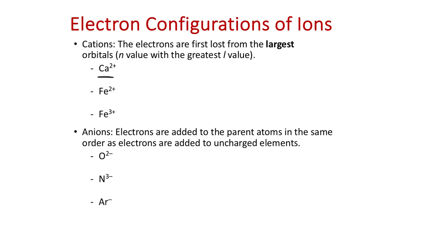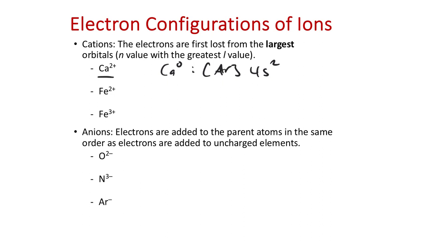So if we're looking at calcium 2+, if you're trying to determine a cation's configuration, think first of the neutral atom. So think first of calcium neutral. Calcium neutral would be an argon 4s2. And so you really have no choice here, right?